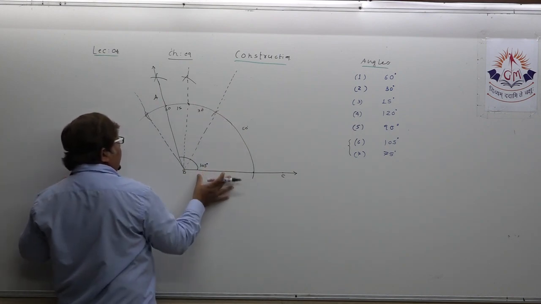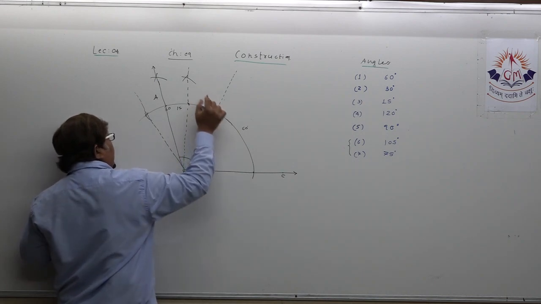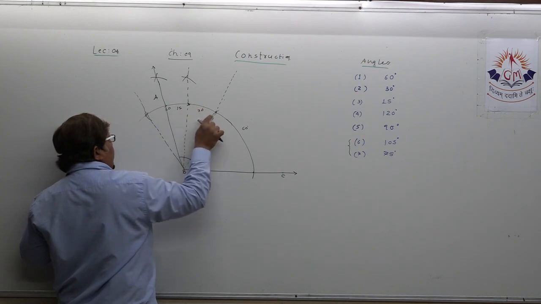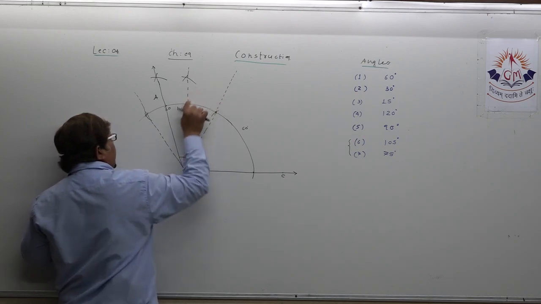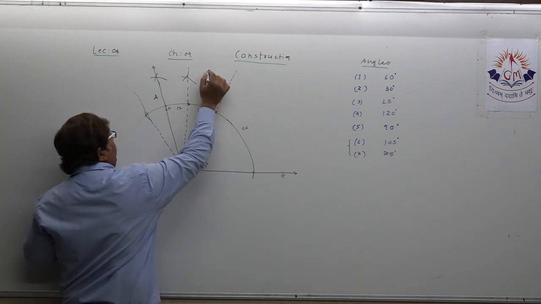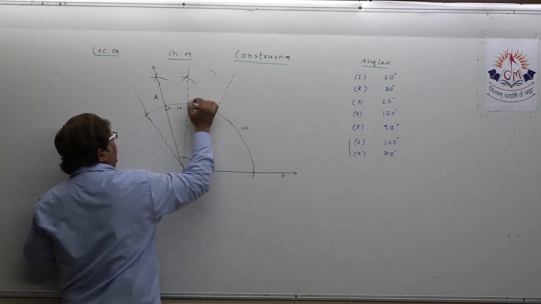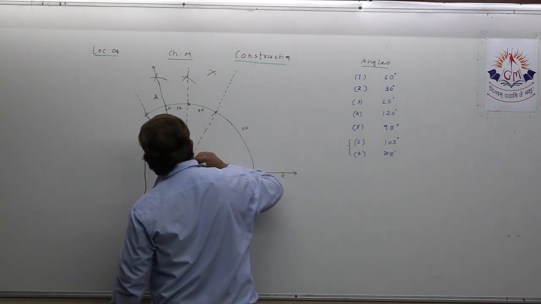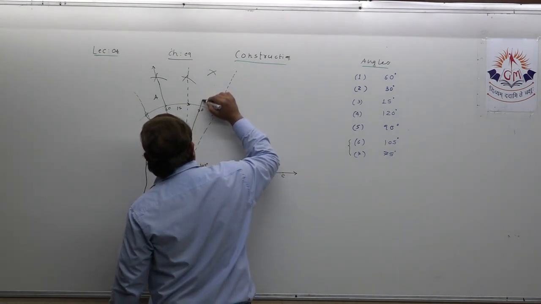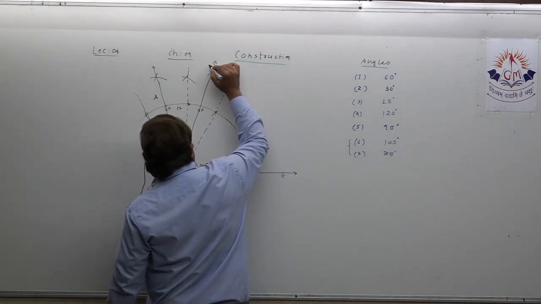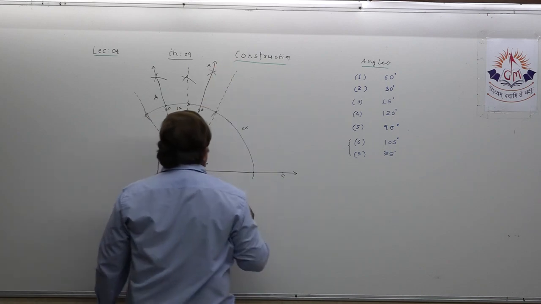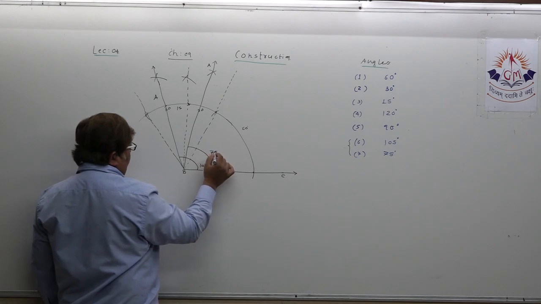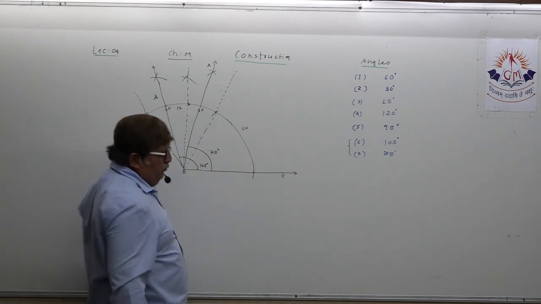So keeping the same radius, I have to draw two arcs, one from this, one from this, means one arc from 60, one arc from 90, okay? One from here and one from here. And now if I join this, I am also giving it the name A. This is an angle of 75 degree.